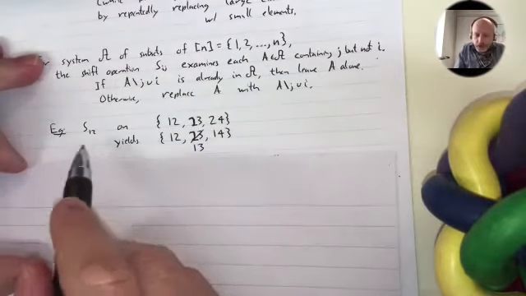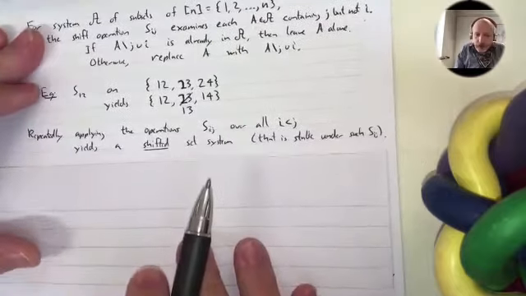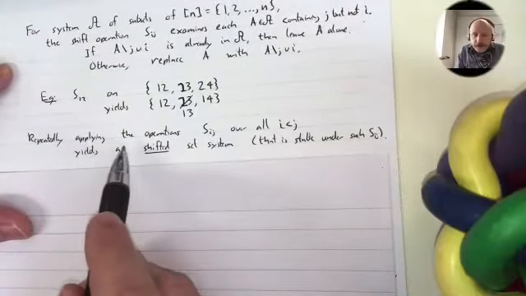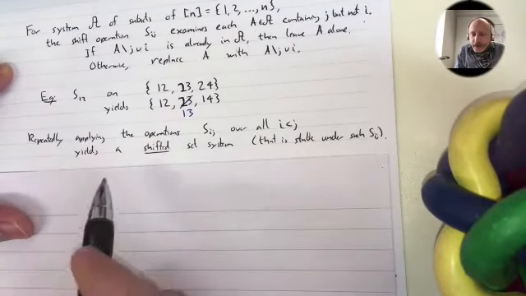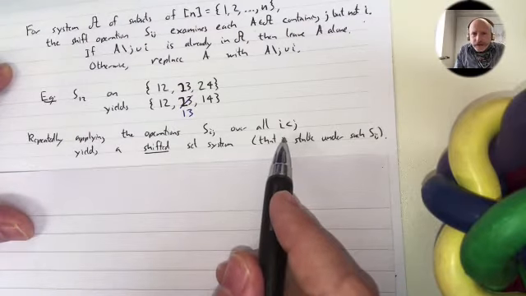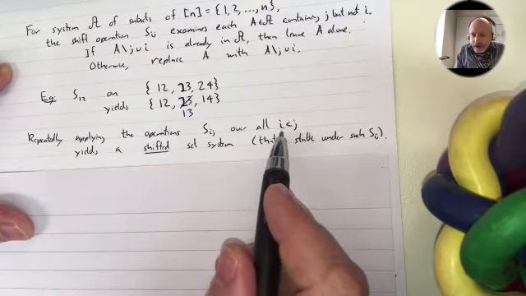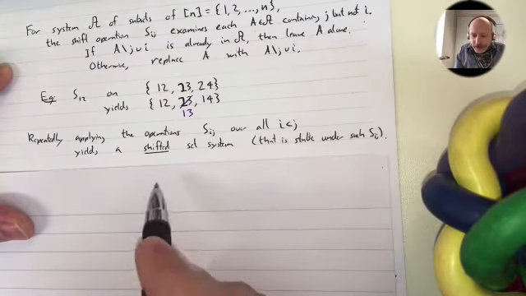Okay. Meanwhile, here's something where it does do things. The interesting thing about this is that if you repeatedly apply these operations Sij over all i less than j, then it's a theorem that it eventually stabilizes, and you get to a point where none of the operations Sij with i less than j do anything.